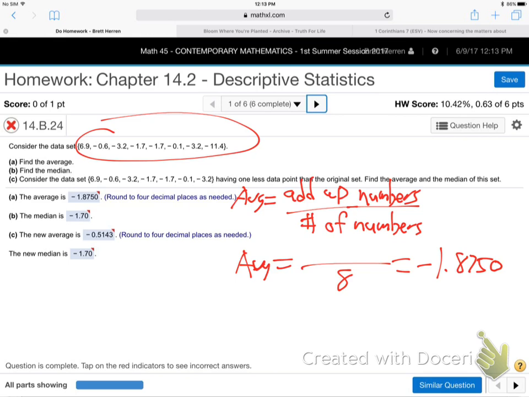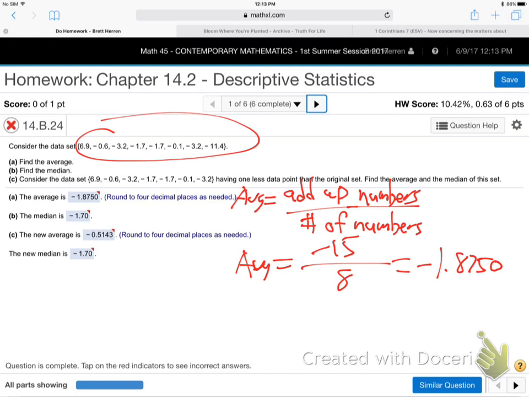Is that what you guys got? Divide by 8 and whoops, being crazy. Oops. 15 divided by 8, and I got, yep, that's right. Good on that one? Okay, let's go on.